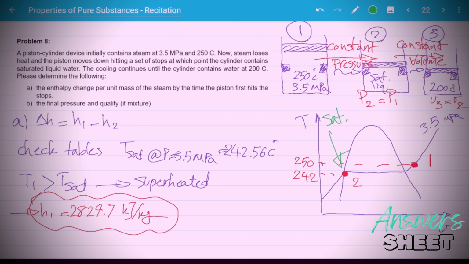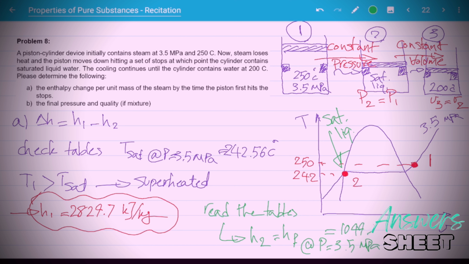I can go read the tables and see that our enthalpy is the enthalpy of saturated liquid at a pressure of 3.5 megapascals, which is 1049.7 kilojoules per kilogram.